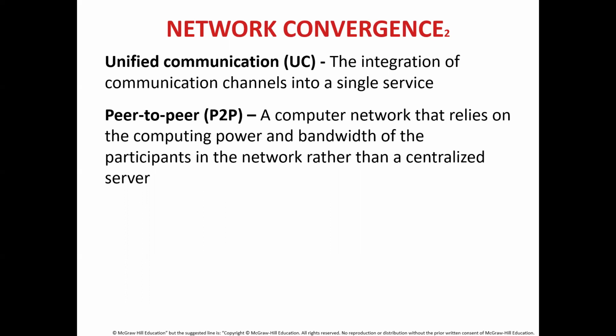The benefits of network convergence allow for multiple services, multiple devices, but one network, one vendor, and one bill. Peer-to-peer networks, or P2P, is a computer network that relies on the computing power and bandwidth of the participants in the network rather than a centralized server.